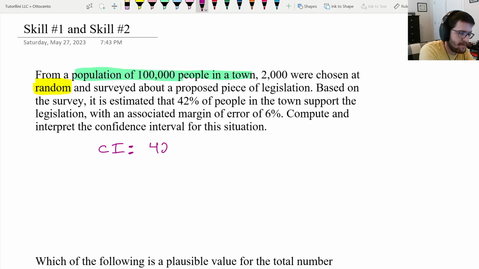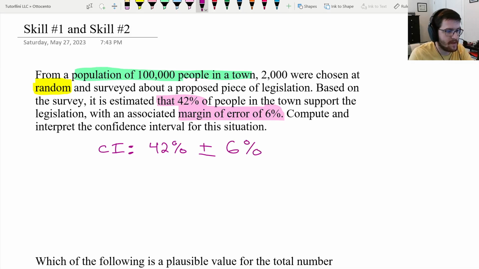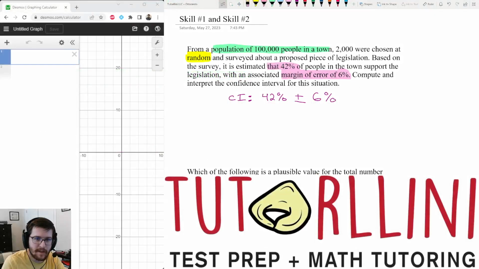So we're going to do 42% is our point estimate, plus or minus the margin of error. So the margin of error is 6%. Again, these numbers aren't so bad, but you're going to see later we're going to have ones with messier numbers. So let's just go over really quickly.